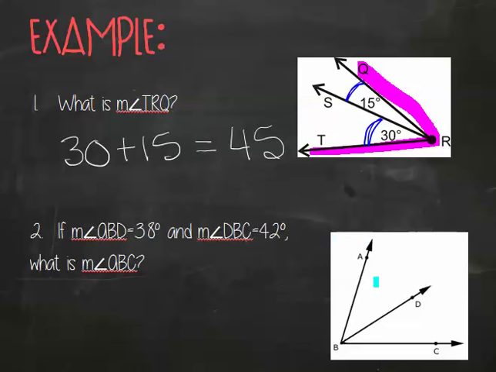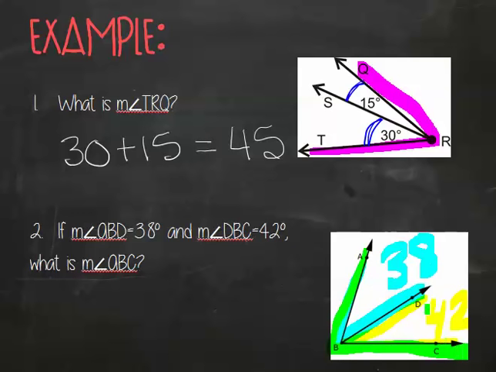Okay, now let's look at the other one. This one, it's not labeled here, but we can go ahead and label that. So let's start with each little piece and label as we go. If the measure of ABD is 38, and the measure of DBC is 42, what is the measure of ABC?